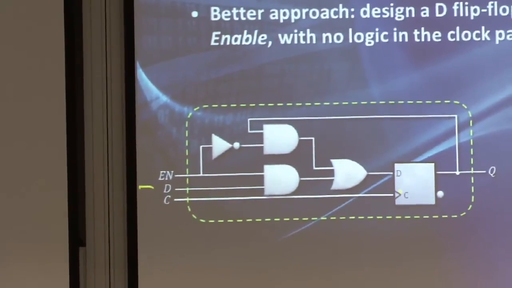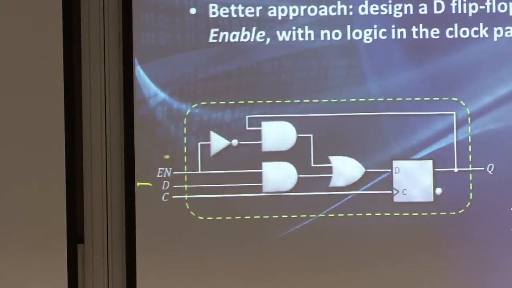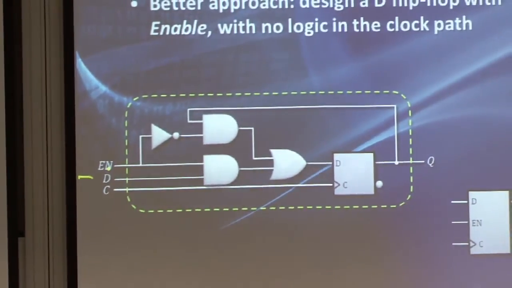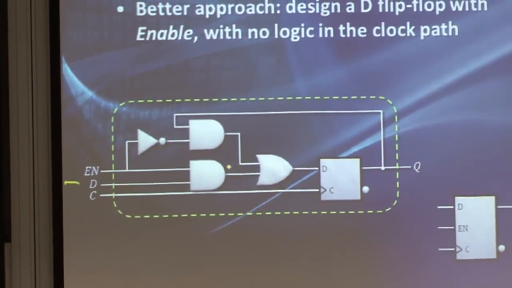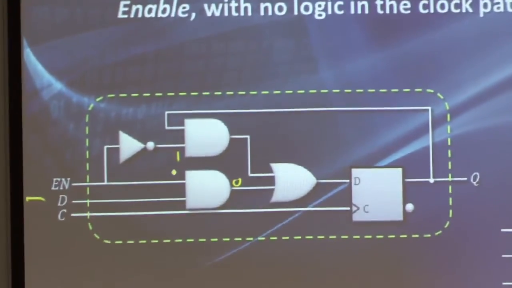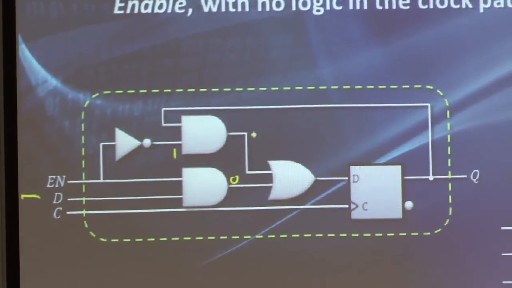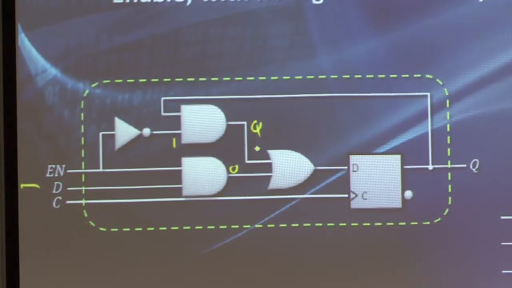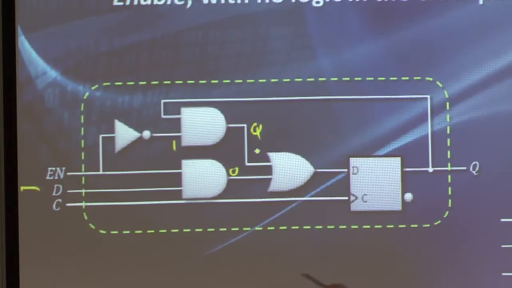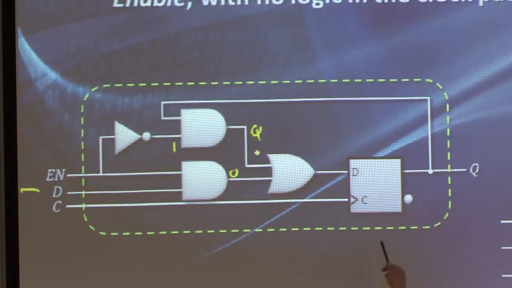In order to see how this works, if enable is 0, so we don't want to load any new values in, then this gate outputs a 0. This gate here, because of the inverter, sees a 1, and is dependent on the old output of the flip-flop. So when enable is low, on a clock rise, D will just be equal to its old value, and we're not getting any new values in. And vice versa.